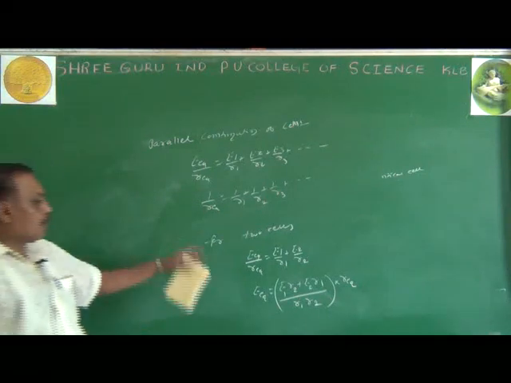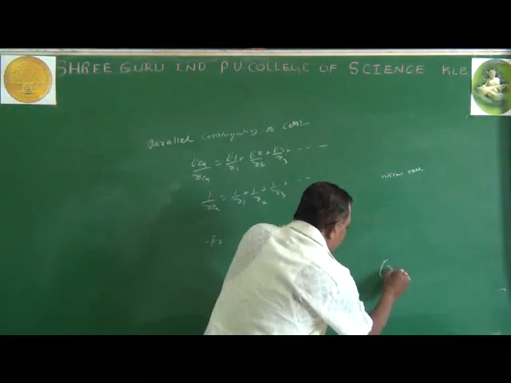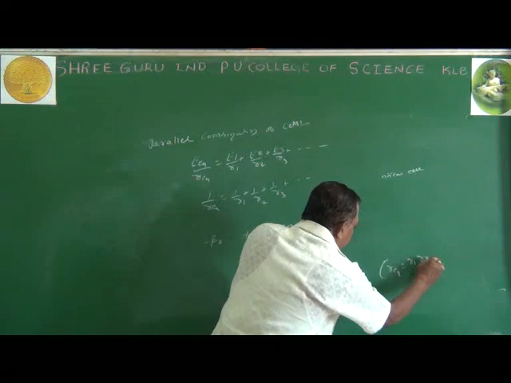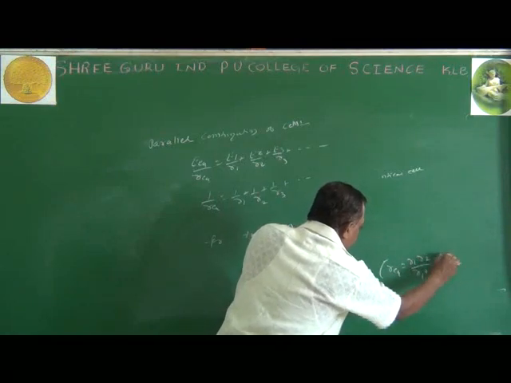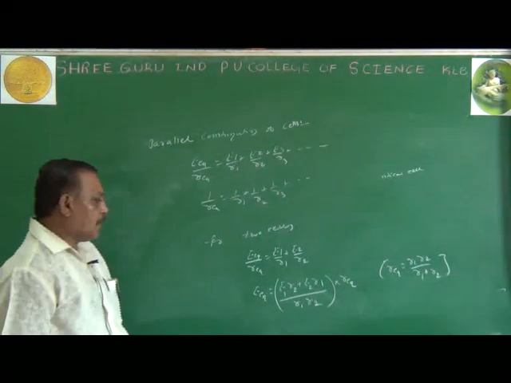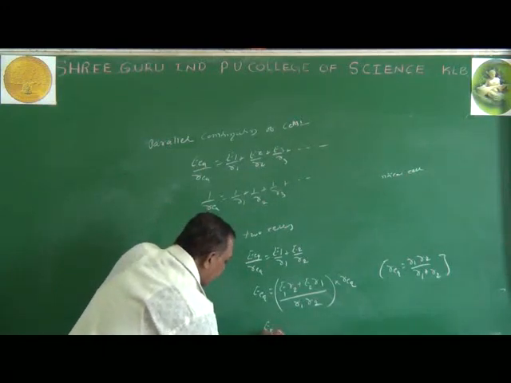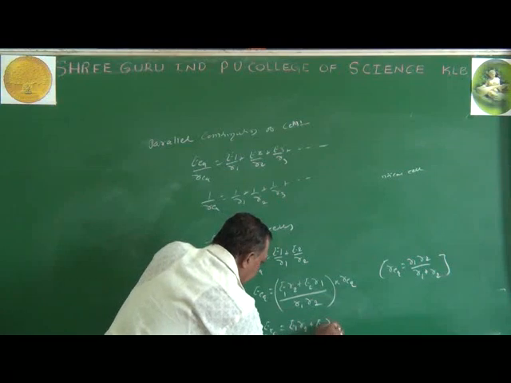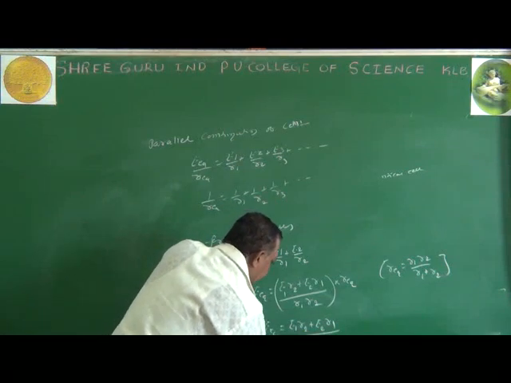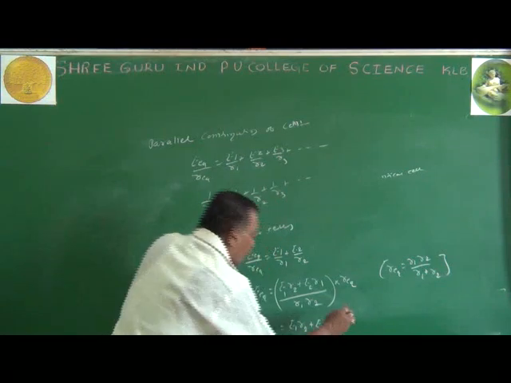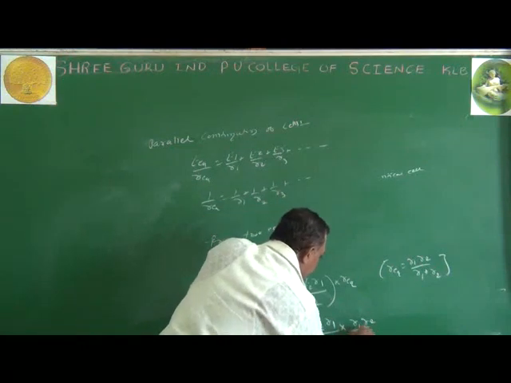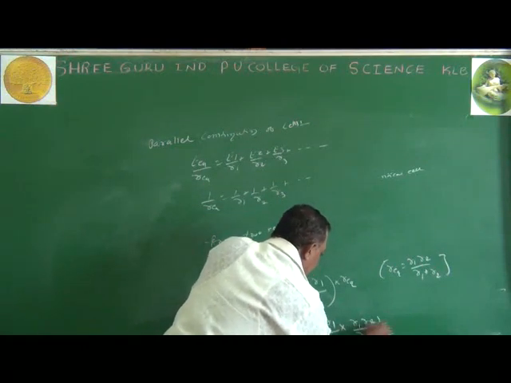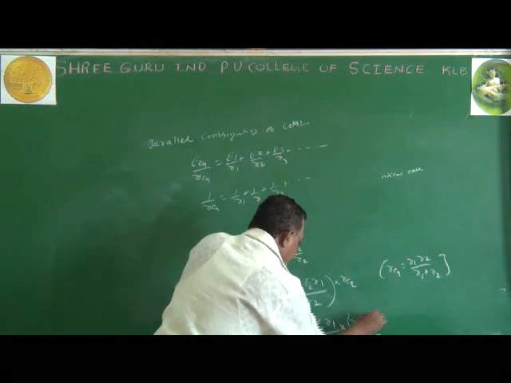Then this is nothing but R equivalent. In parallel combination for the two cells, R equivalent equals R1 R2 divided by R1 plus R2, from 1 by R1 plus 1 by R2. Then I substitute here E equivalent equals E1 R2 plus E2 R1 divided by R1 R2 into R1 R2 divided by R1 plus R2. Shall I cancel these terms?